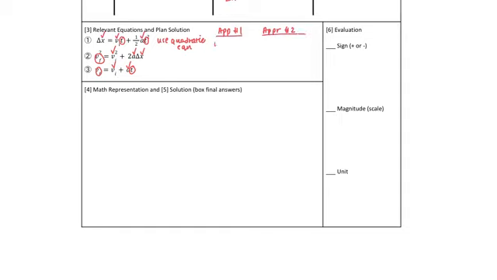Approach number 1 would be to use, and I'm going to just abbreviate equation 1 with the 1, equation 1 to solve using the quadratic equation, right? And if you need a refresher on the quadratic equation, please come talk to me and I'd be happy to walk you through that. The second approach would actually be to use equation 2 to solve for VF, right?